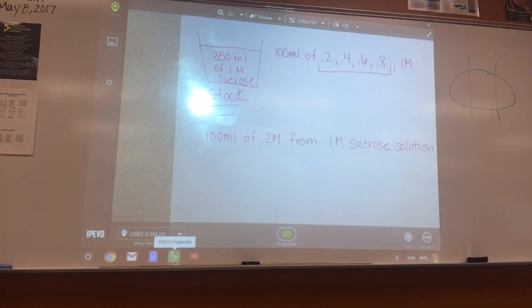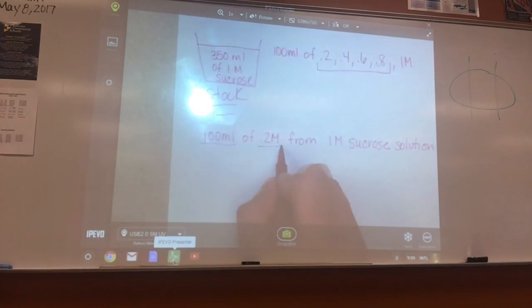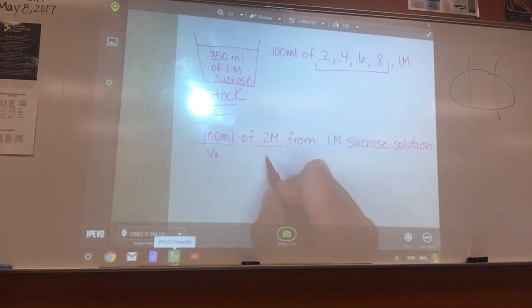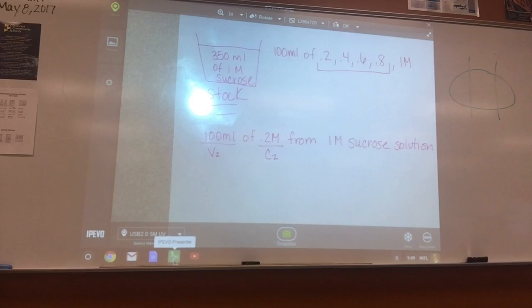What I want to figure out is how much of this stock solution we need to dilute. This is what you want, your final. So this is your V2, and this is your C2. This is what we want at the end. The 1 molar sucrose is C1, correct?